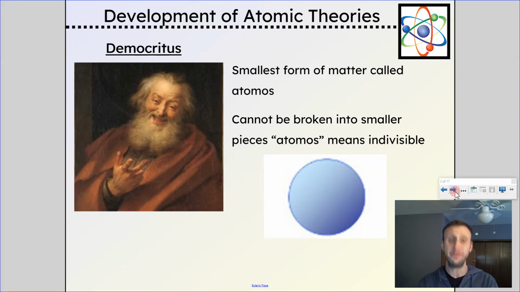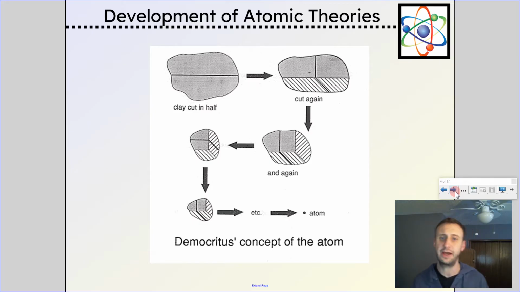His thought experiment was that if you take something and cut it in half, and then cut it in half again, and keep going over and over again, eventually you get to something so small that you cannot cut it anymore, and it's indivisible. That is as far as you can cut it. And that's what he called the atom.